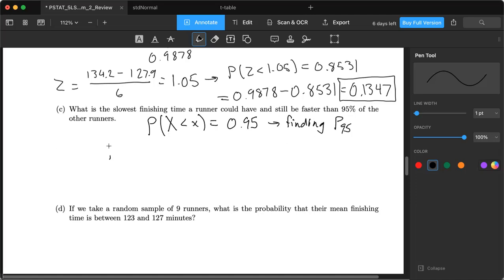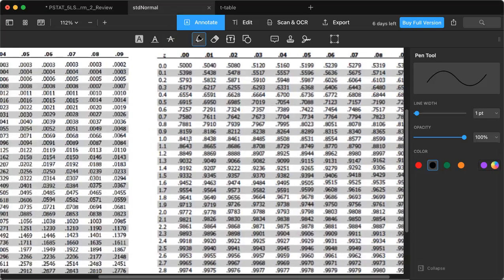So we do that for a z-score instead, and then we transfer the z-score back to x. So the probability that Z is less than z is equal to 0.95. And we go to the table, and maybe you've memorized this number at this point, but it's 1.645. You see that's halfway between 1.64 and 1.65, so it splits that perfectly.